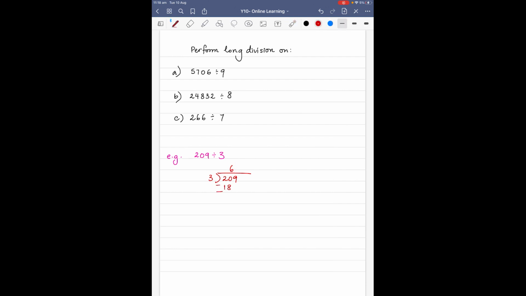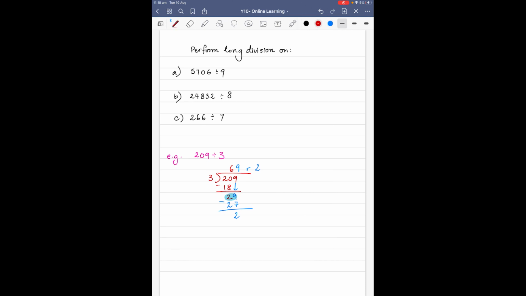To find the remainder, you subtract it, which is 2. You bring down the next number, which is 9. Your new number now is 29. 3 goes into 29 9 times because 3 times 9 is 27. You know your remainder is going to be 2. So we write remainder 2.